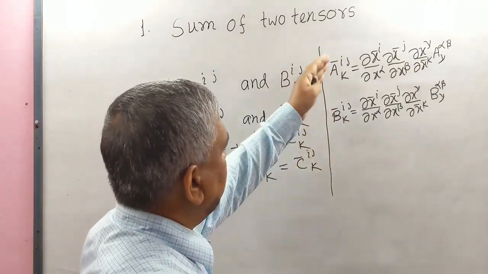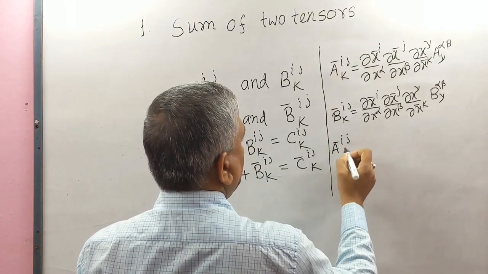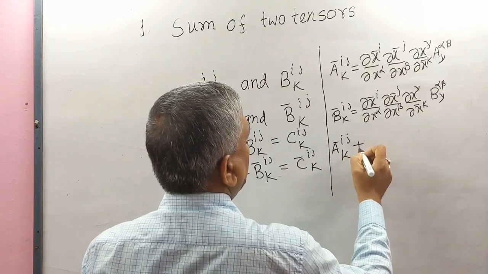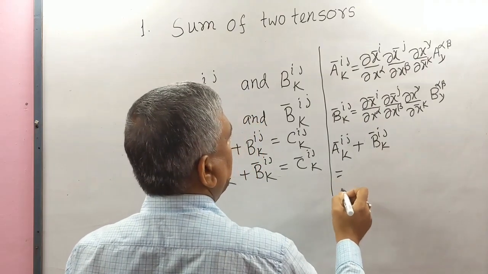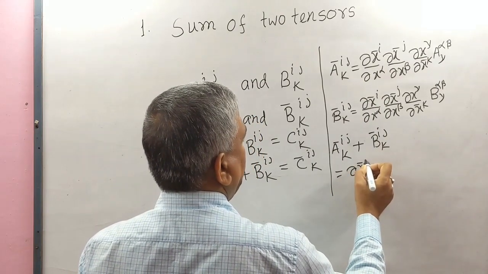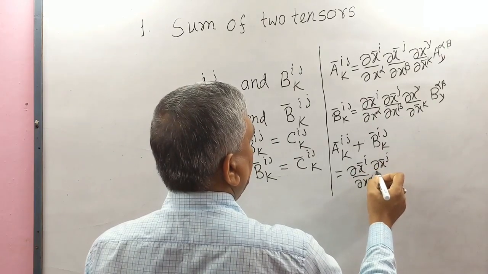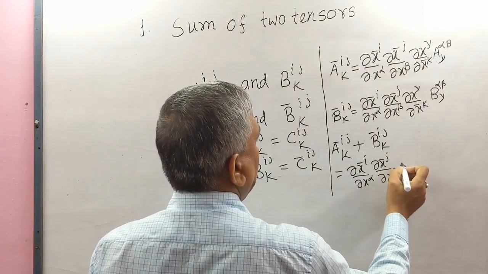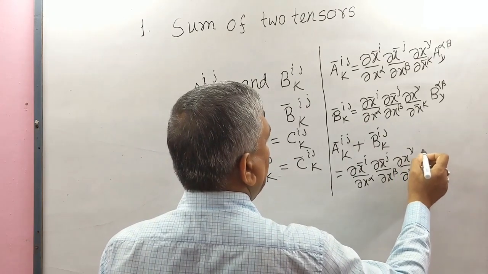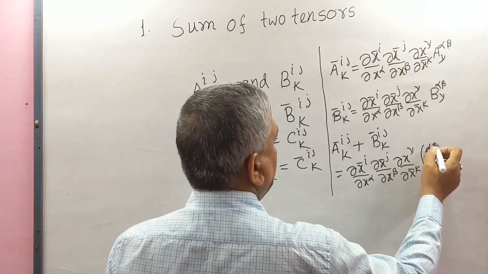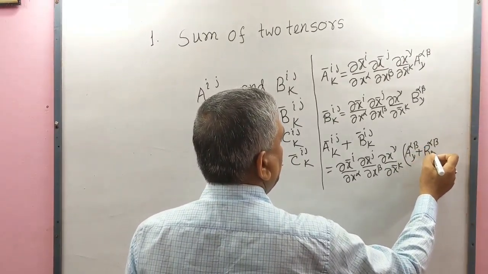Adding the left hand side as well as the right hand side, we get A bar ijk plus B bar ijk equals del x bar i by del x alpha, del x bar j by del x beta, del x gamma by del x bar k, A alpha beta gamma plus B alpha beta gamma.